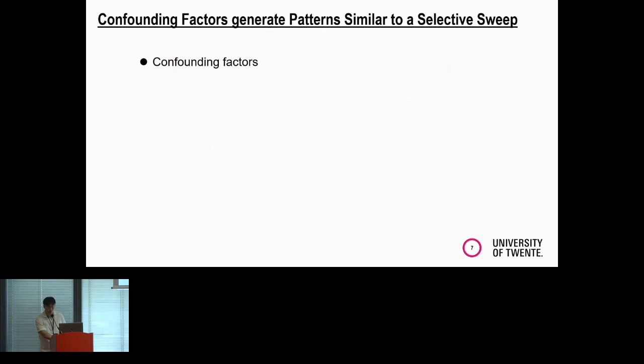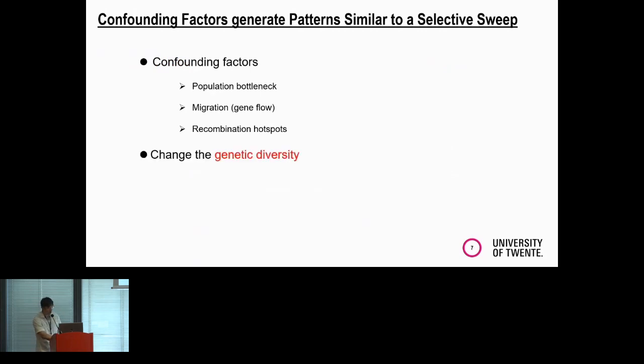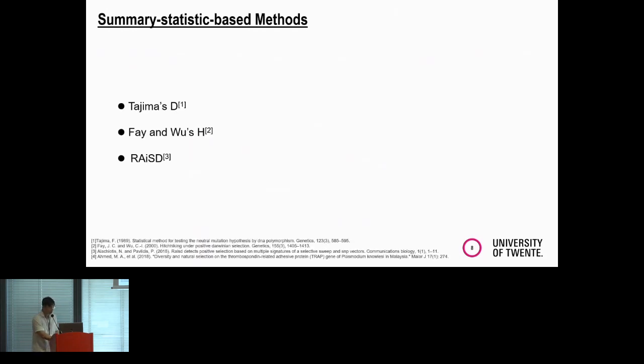However, confounding factors such as population bottleneck, migration, and recombination hotspots will also change the genetic diversity, which generates patterns similar to selective sweeps. Thus, these confounding factors might lead to false positive or false negative results in related works. The early approach to address this problem is to utilize summary statistics. For example, Tajima's D, Fay and Wu's H, and iHS.